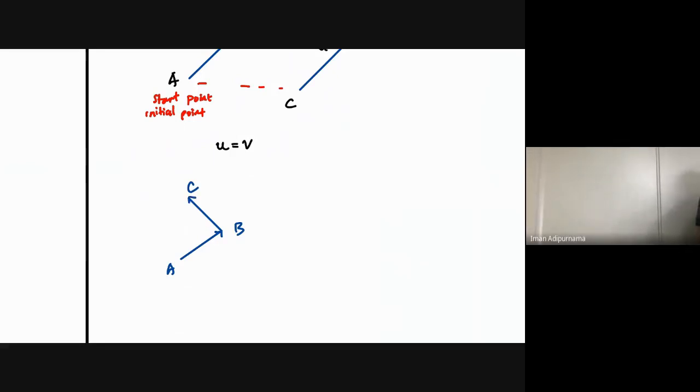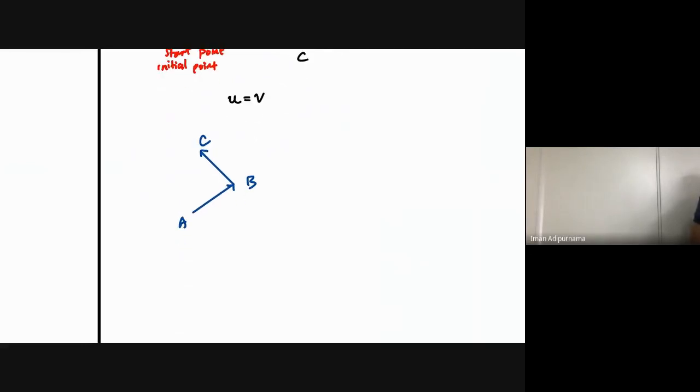From A to B to C, we can say that the total length or total displacement from A, B, C we can write down in terms of vector. So vector AC is vector AB plus BC.